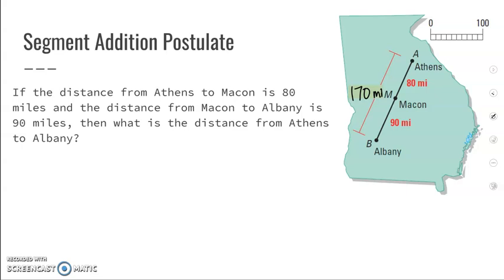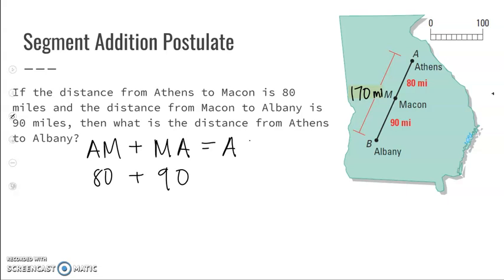You said that from Athens to Macon is 80 miles, and we're going to add that to the distance from Macon to Albany, which is 90 miles. This gives us a distance from Athens to Albany, which you concluded was 170 miles.